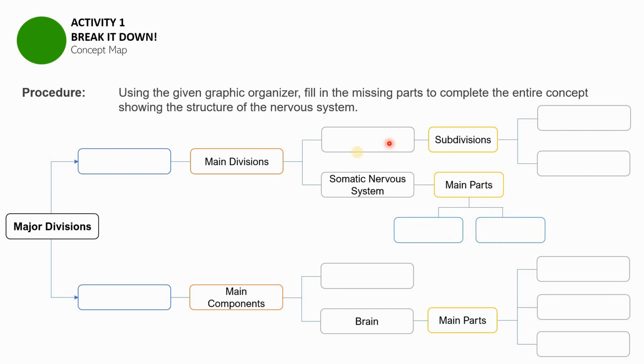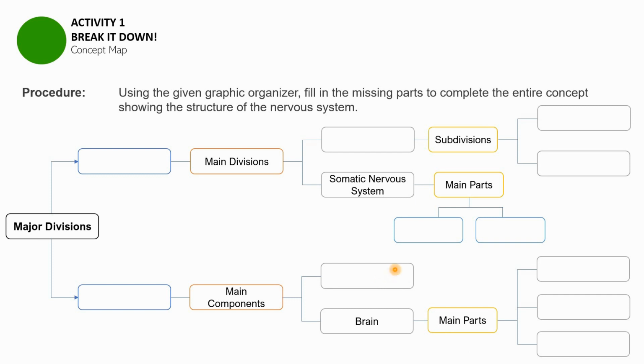And then that mystery main division has subdivisions that are not supplied over here. For the major division that has main components, one of its components is the brain. It has three parts, which were already discussed to you in our video lesson. And then the other main component is just left as it is.